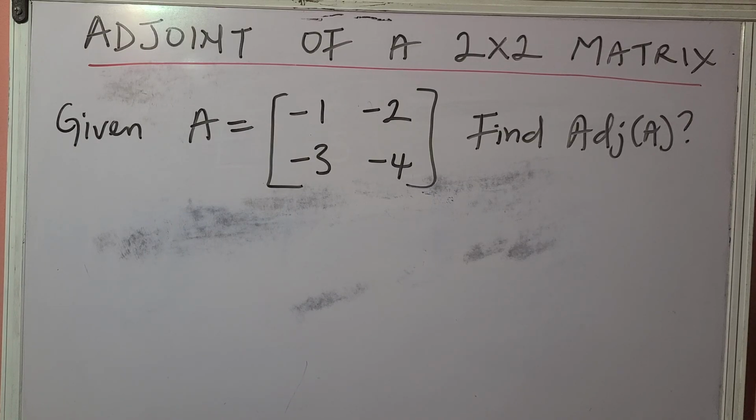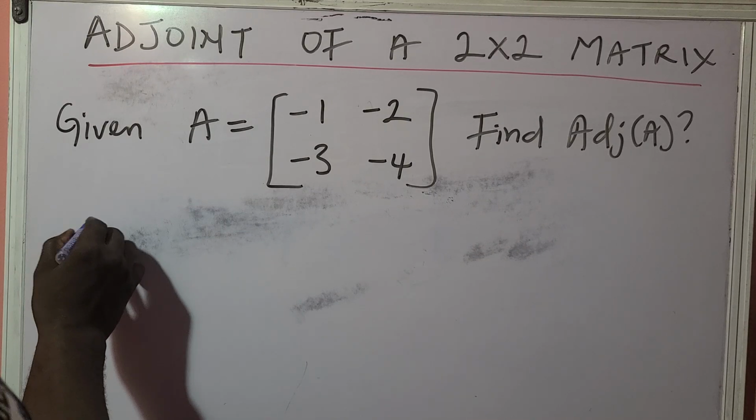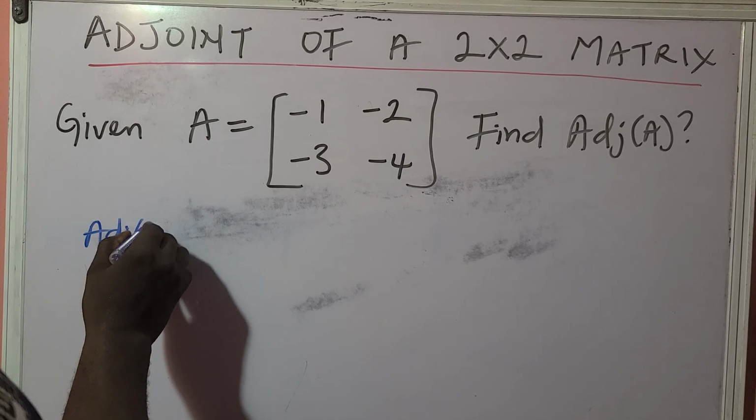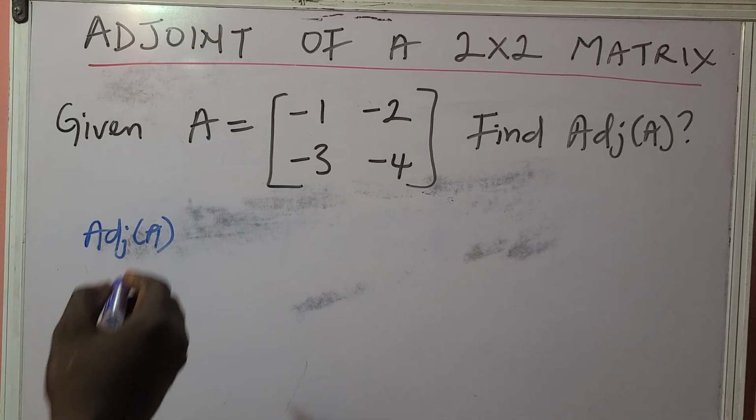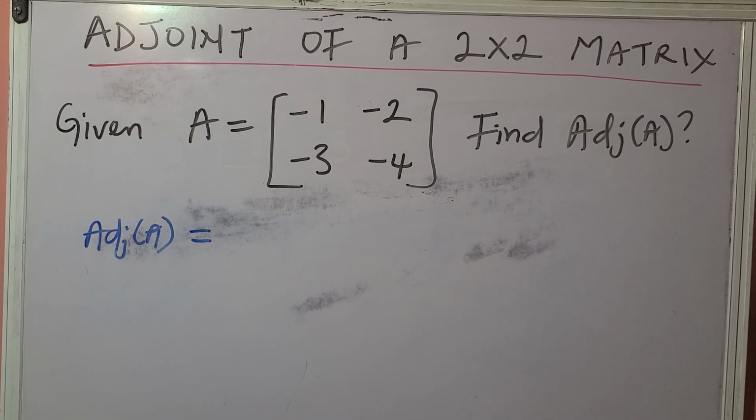All right, so you can pause the video right now and try and find the adjoint of this matrix. All right, to find the adjoint of this matrix, all you have to do is to interchange the elements of the leading diagonal and change the sign of the other diagonal.